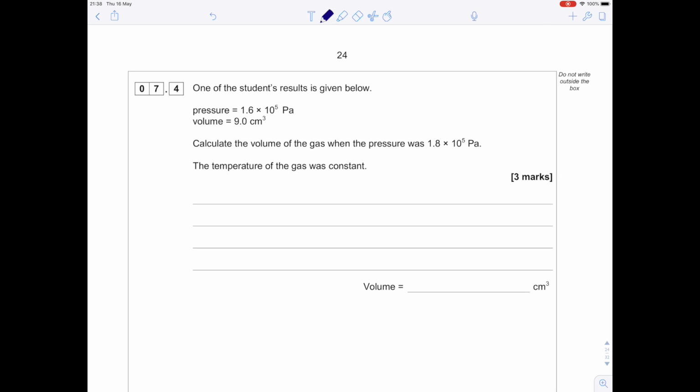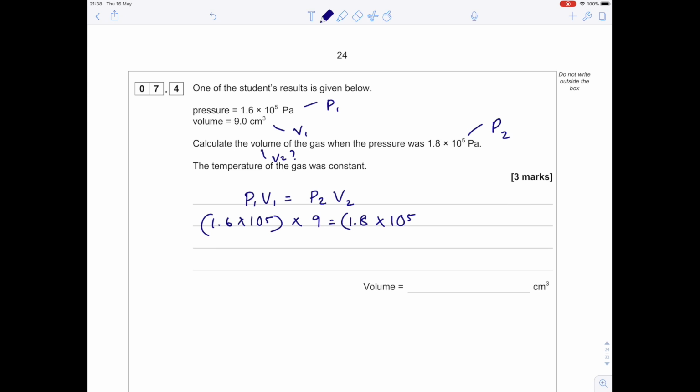One of the students' results is given below, the pressure and the volume. Calculate the volume of the gas when the pressure was 1.8 times 10 to the 5 Pa. The temperature of the gas was constant. So this is pressure 1, this is volume 1, this is pressure 2. We're after volume 2, so we need P1V1 equals P2V2, so that's 1.6 times 10 to the 5 times 9 equals 1.8 times 10 to the 5 times x.